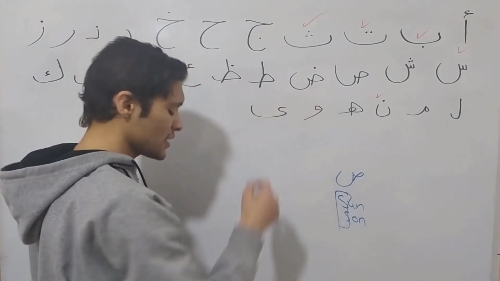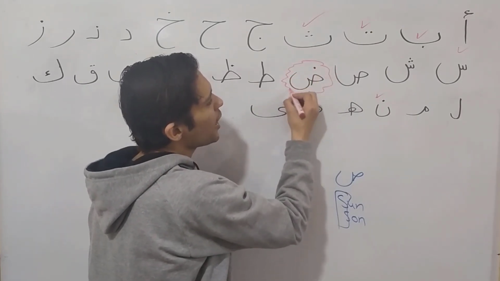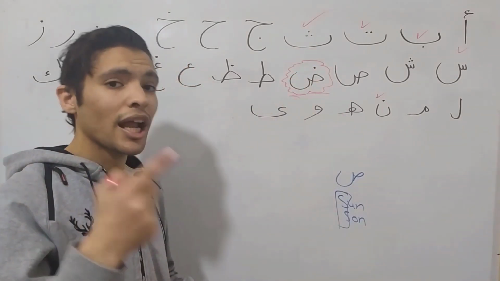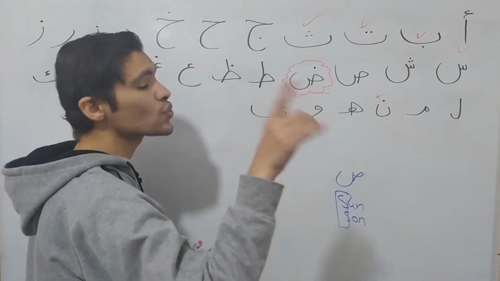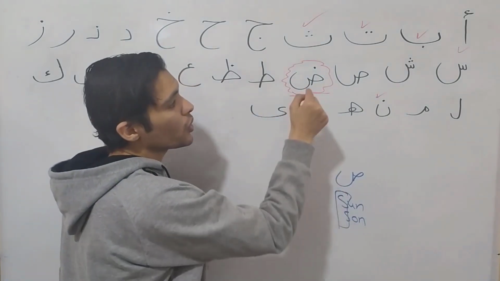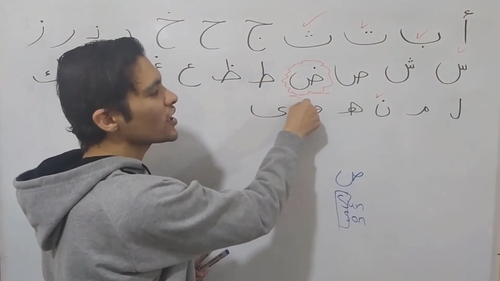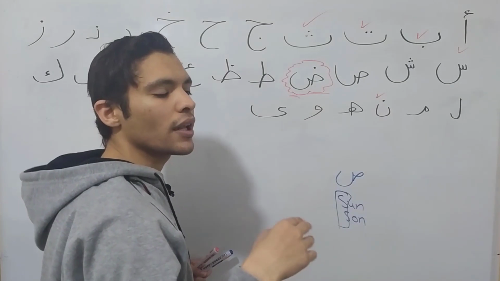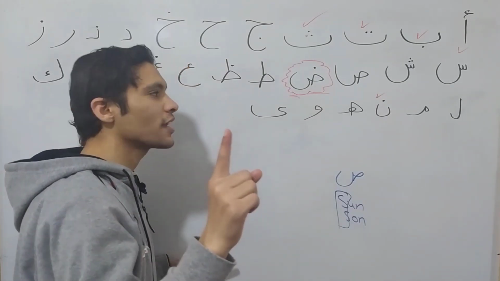And by the way, this is the only letter that is found in Arabic, and it's not found in any other language. That's why we say Arabic is the language of dod, because dod is not found in English, in Russian, in German. It's not found anywhere but in Arabic.